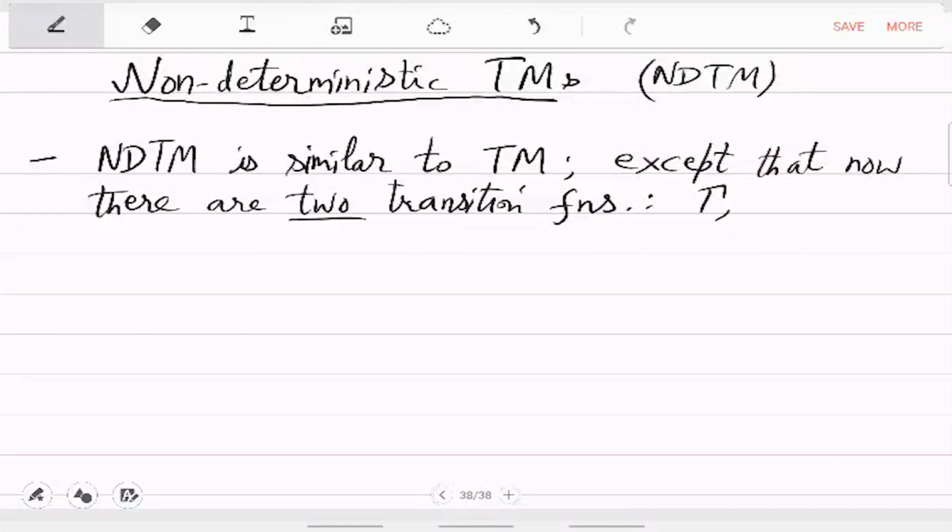So we have alphabet, states, and two transition functions, delta 0, delta 1. Or you can also think of this as there being a transition relation.